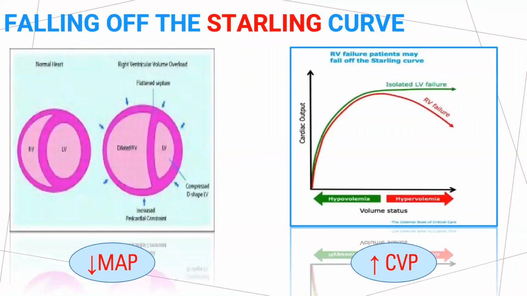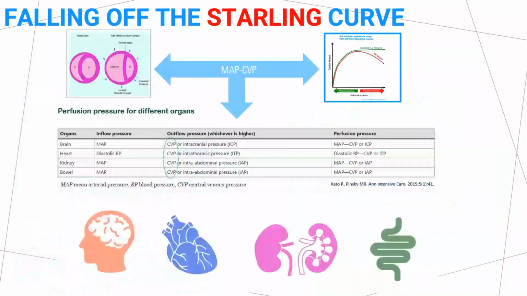Finally, because of falling off the Starling curve, we have increasing CVP, and from the other side, dilatation shifts the interventricular septum to the left, decreasing LV diastolic volume, and so decreasing LV pressure and blood pressure. So we have increasing CVP and decreasing MAP, both leading to decreased perfusion pressure.